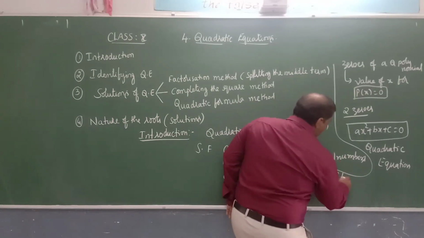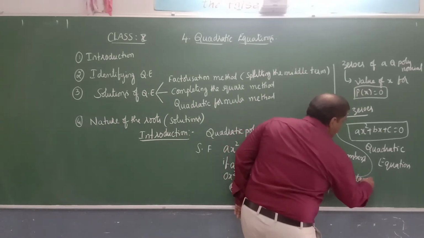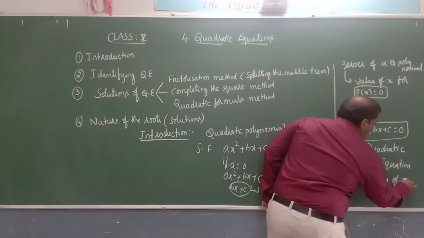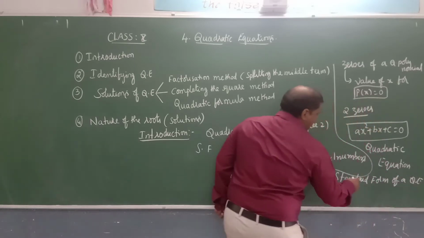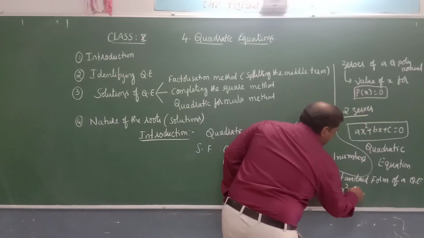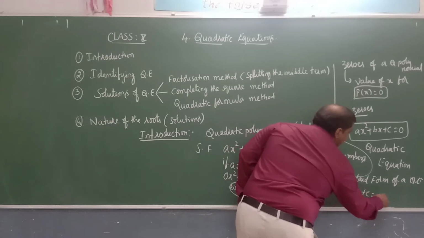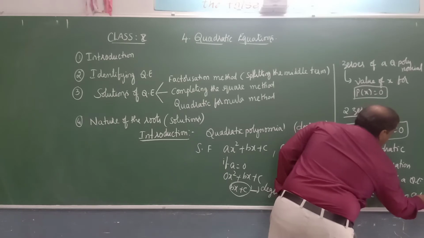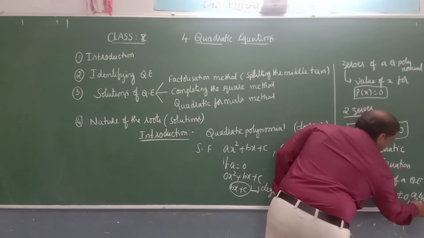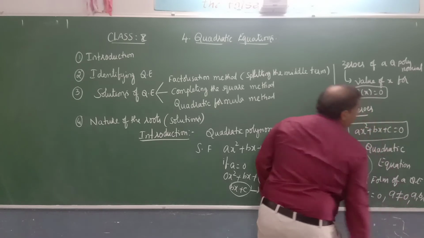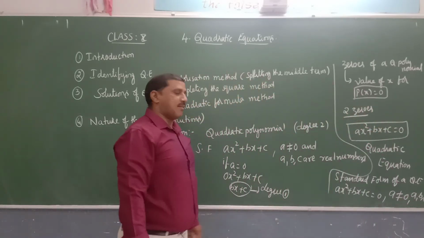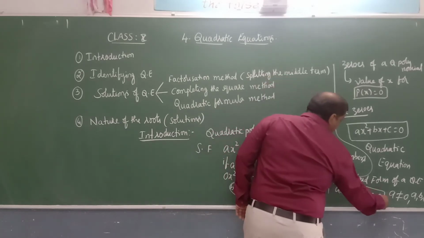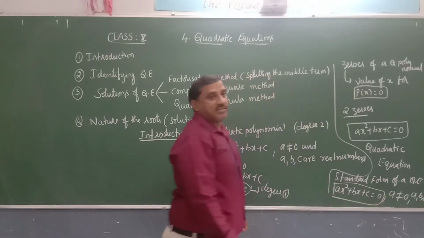Again, the standard form or general form of a quadratic equation is ax square plus bx plus c is equal to 0, where a is not equal to 0 and a, b, c are real numbers.